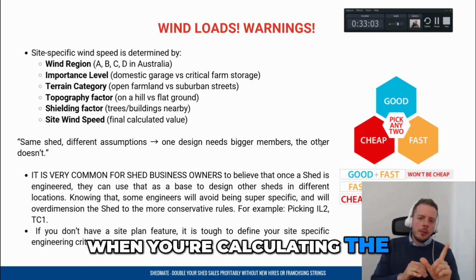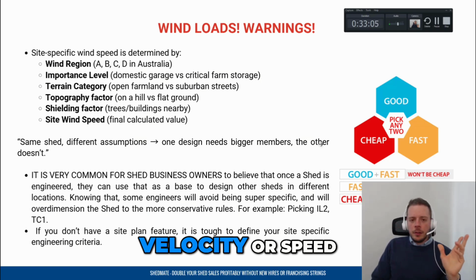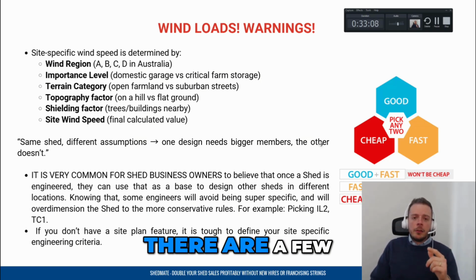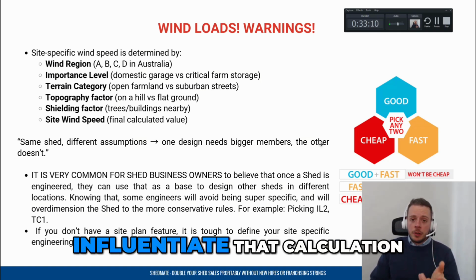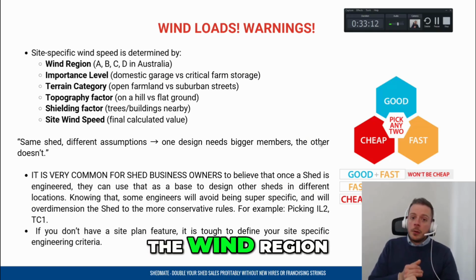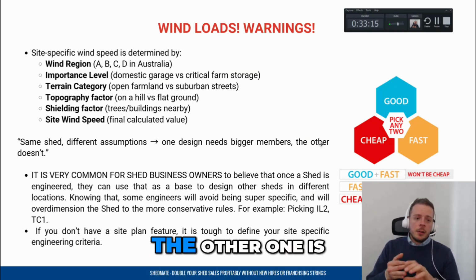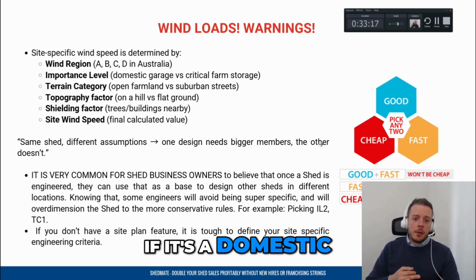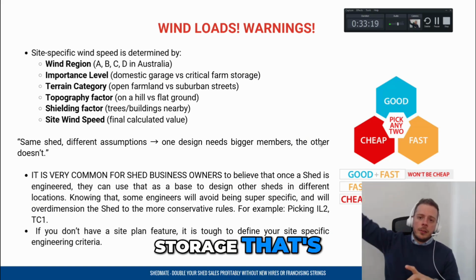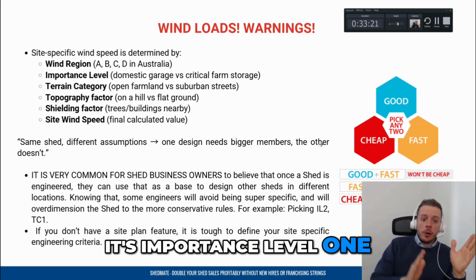When you're calculating the design wind speed, there are a few different factors that will influence that calculation. One of them is the wind region, if it's A, B, C, or D. The other one is the importance level. If it's a domestic garage or an isolated farm storage, it's importance level 1 or 2.